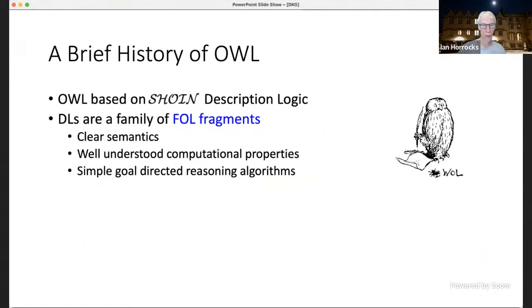Okay, so what about this OWL language? Well, actually, OWL is based on a logic, in particular a description logic.